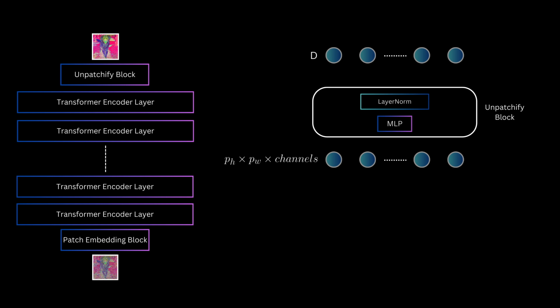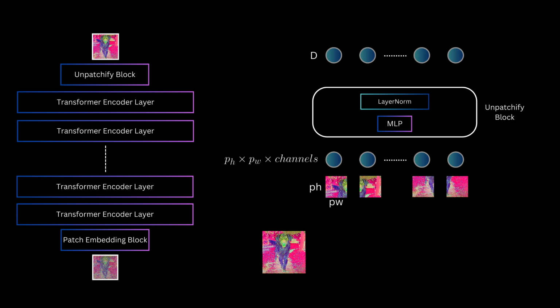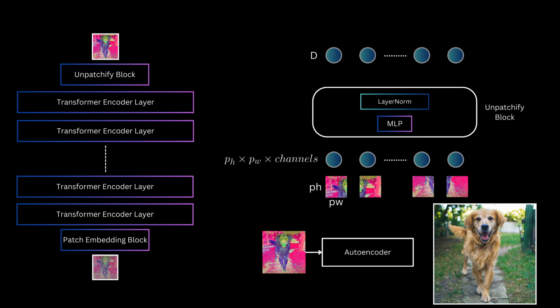From both these kinds of prediction, we can get the denoised latent patches and rearrange to get our latent image. During inference, we would start with a random noise sample and denoise it for all time steps. And after the final one, feed the denoised latent image prediction to a trained autoencoder to get our generated image. So that was a recap of DIT.